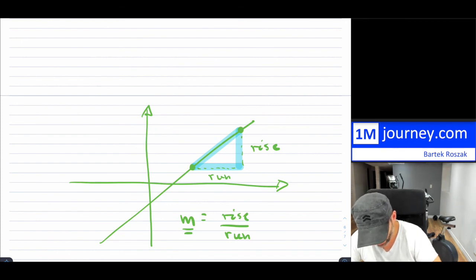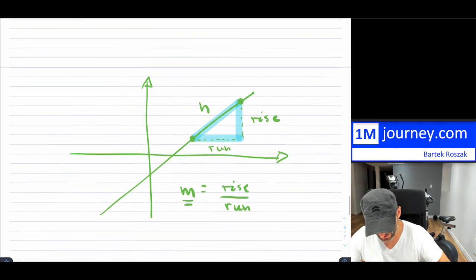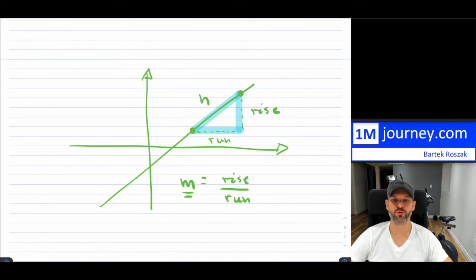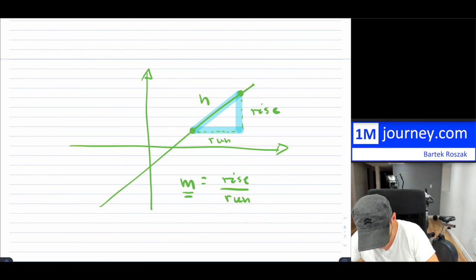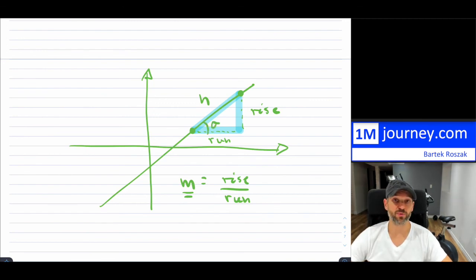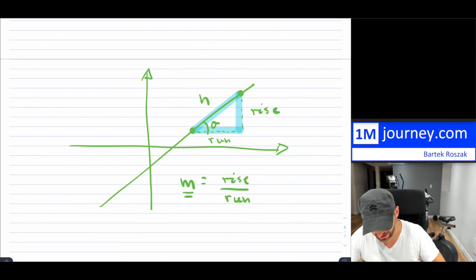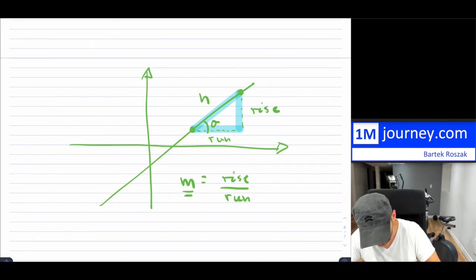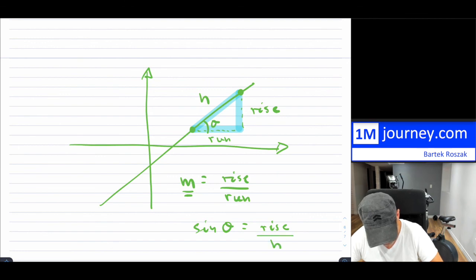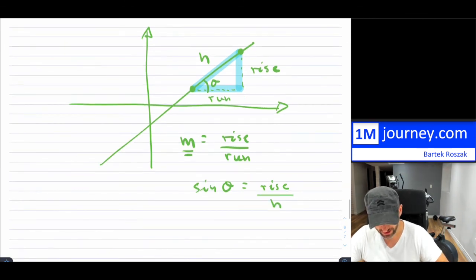Sorry, I'm going to write here H, hypotenuse. So that hypotenuse with the rise and run can relate it back. So if this is your angle theta, remember, what is sine defined as? Sine of that theta is opposite over hypotenuse, correct? That's what this is.